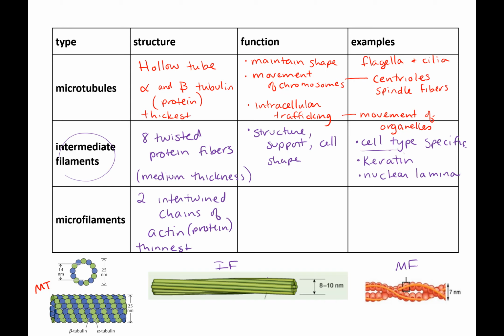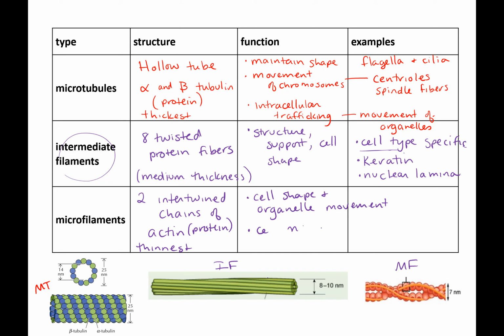Very dynamic growth and shrinking. It's also for cell shape and organelle movement. But it's also for cell movement.